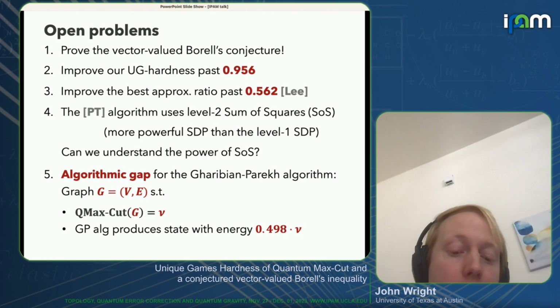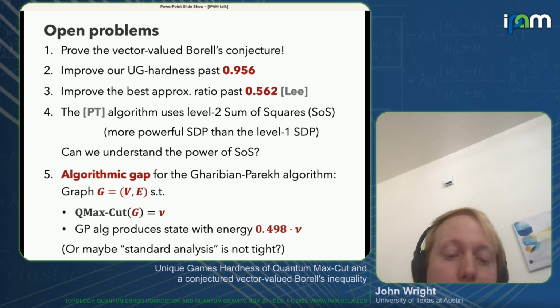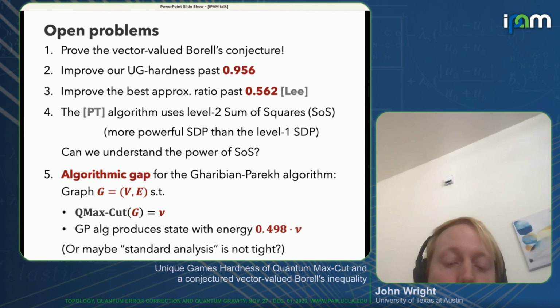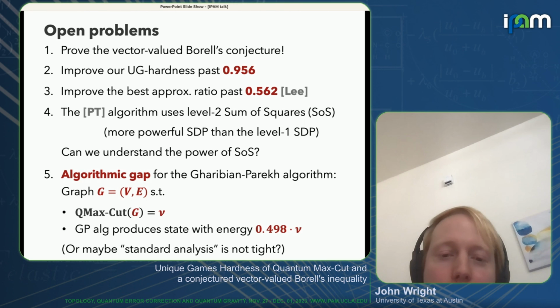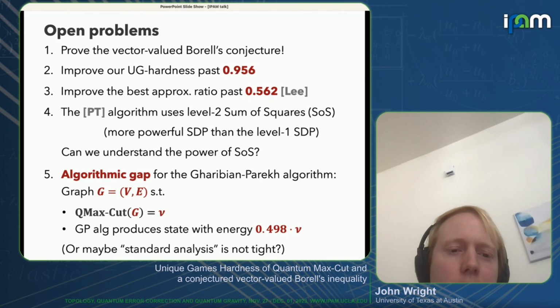It could be that, even though we have an integrality gap of 0.498, the standard analysis is not tight, and maybe Gharibian-Parekh actually gets 0.5. That to me would be shocking and amazing.